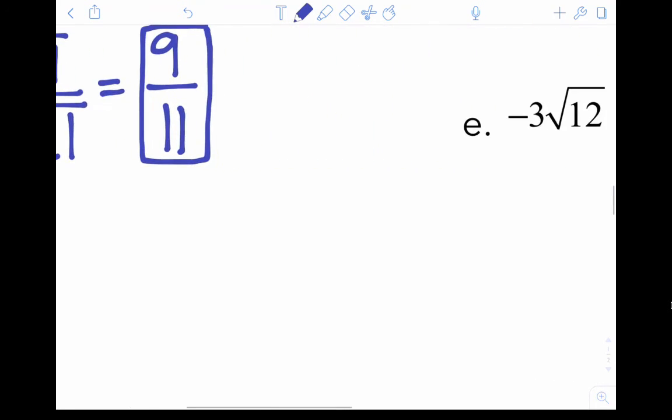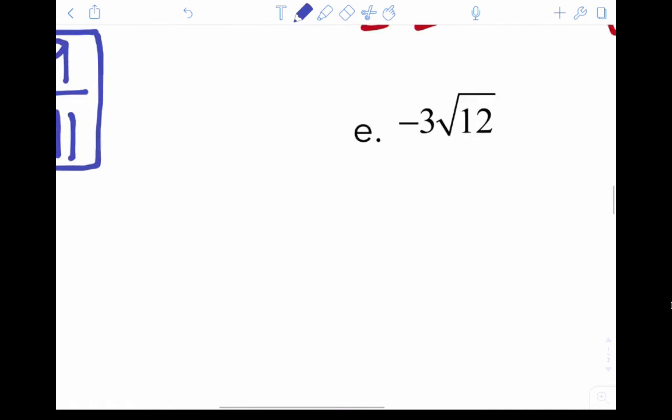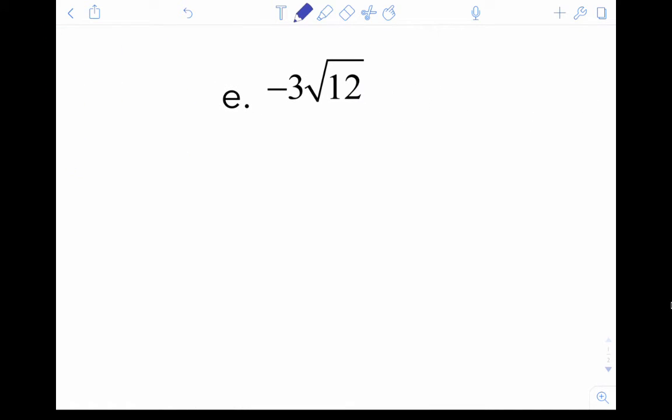All right, going on to E, I have negative 3 rad 12. So once again, I'm not paying any attention to the number in front of the square root sign for now. My first step is only to do a factor tree of the number inside the square root.